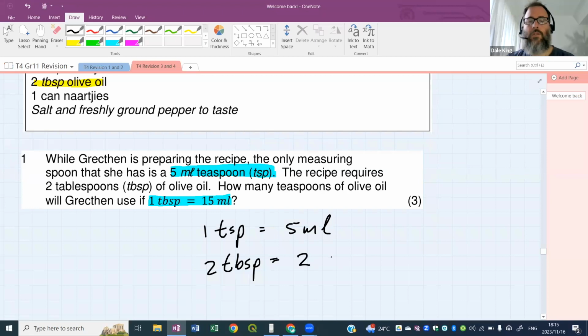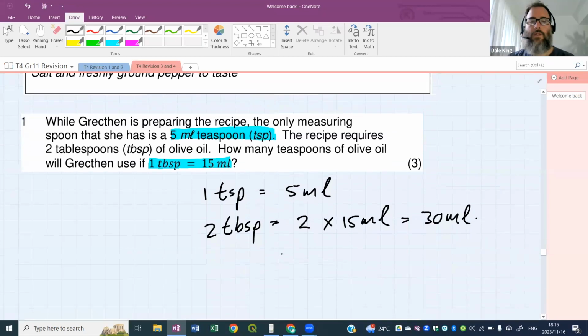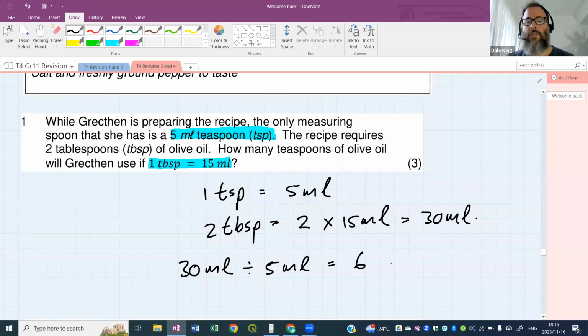So this is going to give us 2 times 15 milliliters, which gives us 30 milliliters. All we have to do now is see how many teaspoons are in there. So we take our 30 milliliters and divide by 5 because each 5 is a teaspoon. And we see we have 6. So 6 teaspoons will get us the olive oil that we need.